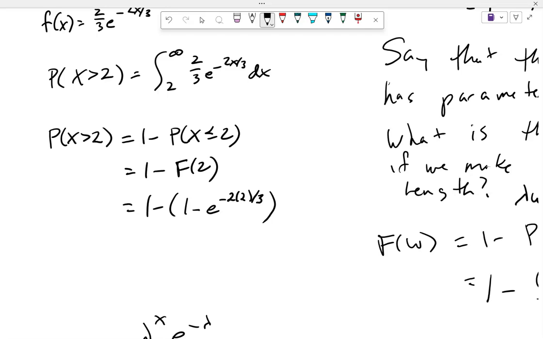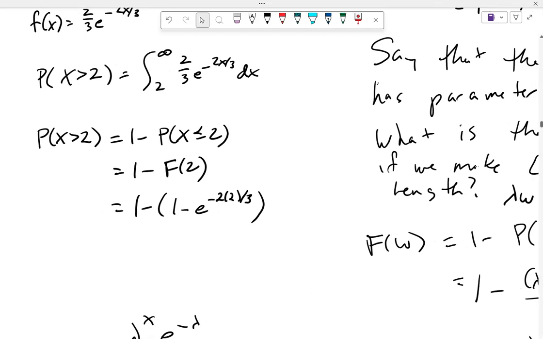Your CDF is, I don't have it written close by, I'll write it down here. Depending on which way you think about it, the theta goes in the denominator, the lambda goes in the numerator, whichever way you want to think about it.